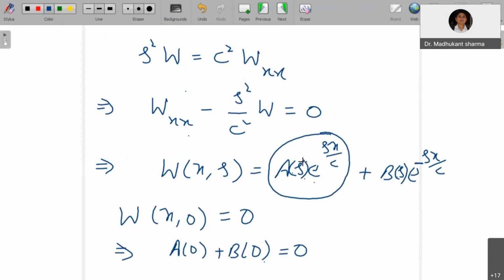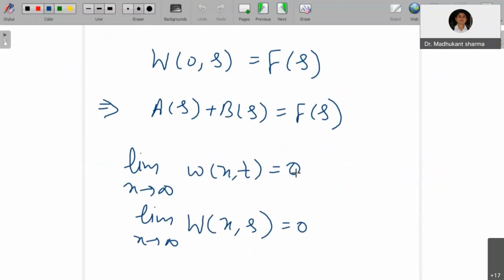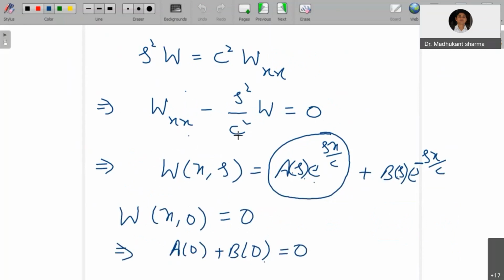So this term should not take part in this solution, to validate this condition. So this implies A of s must be 0. Then when this happens, in total this will tend to 0 as x tends to infinity.